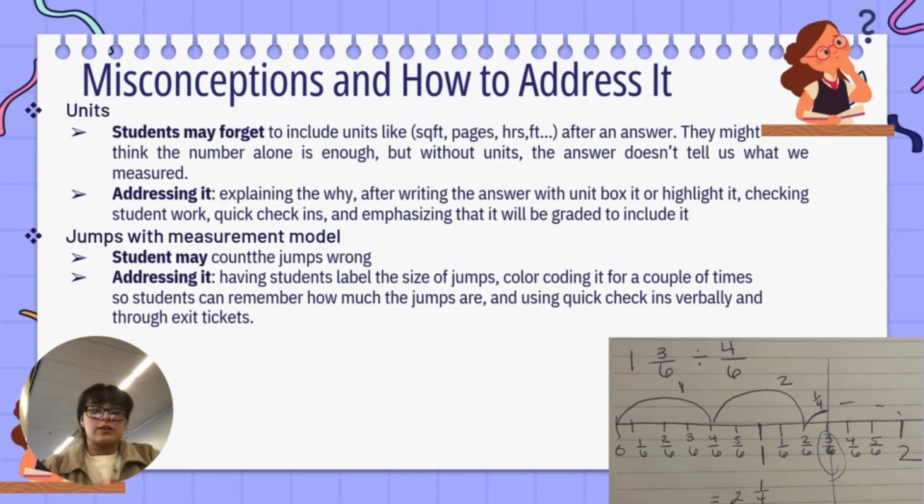So it's important to label that in the notes and have students write it, and maybe for a couple of the problems, have them label each time. And then also have quick check-ins verbally and through assignments like exit tickets, asking them to explain why they did that many jumps or how they figured that out, and you can see whether they're understanding that concept.